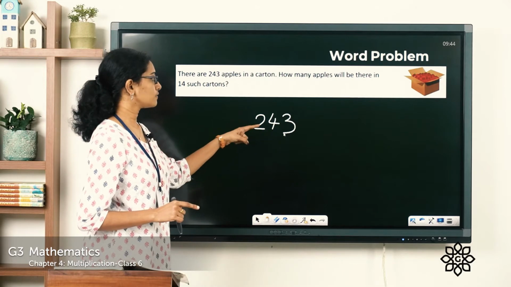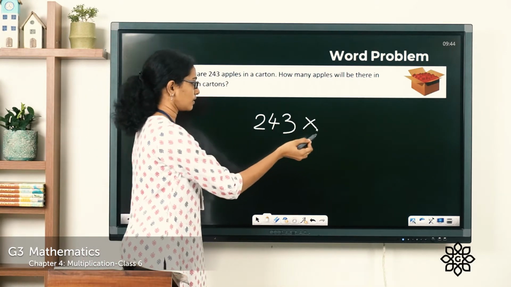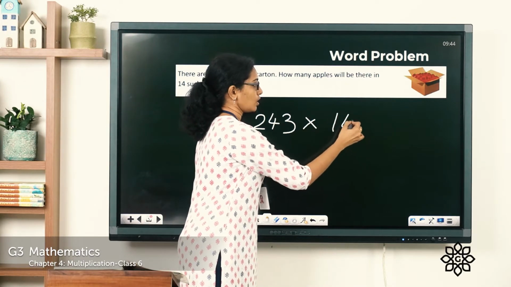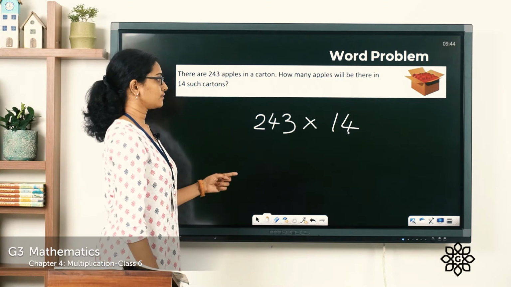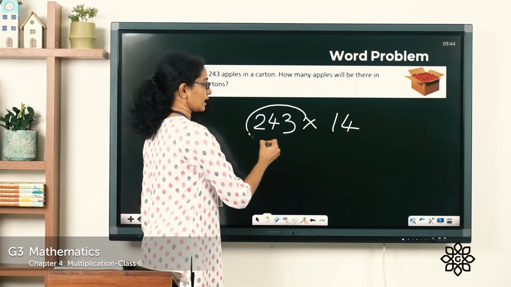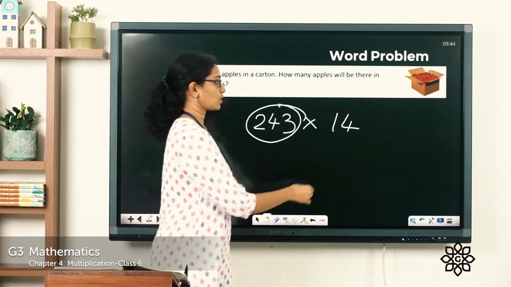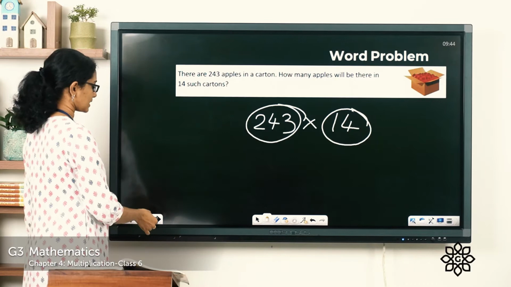So, you have to multiply the number of apples in one carton by the total number of cartons, which is equal to 14. So, how do you write the steps?